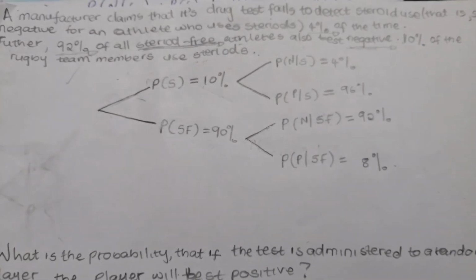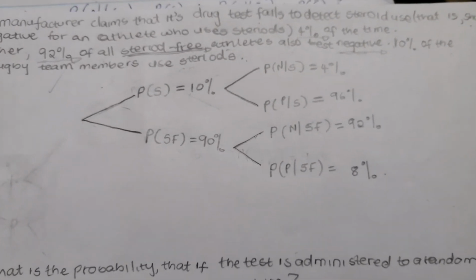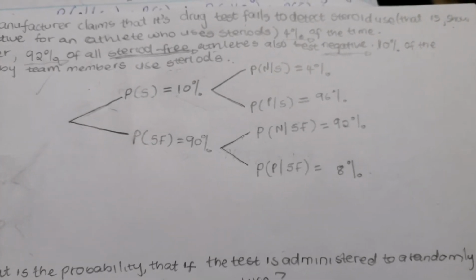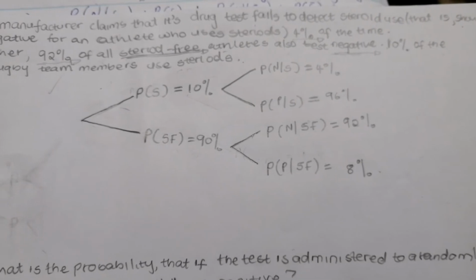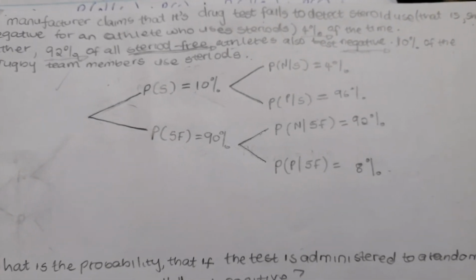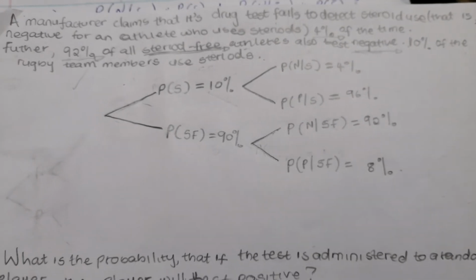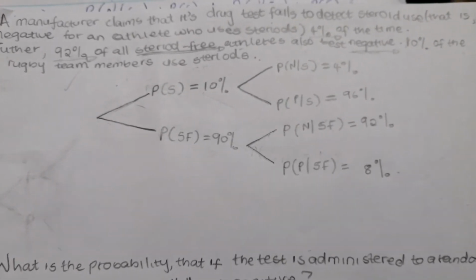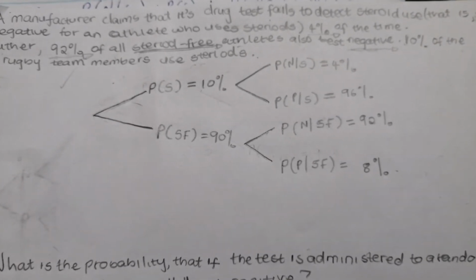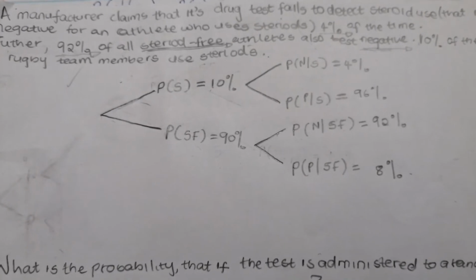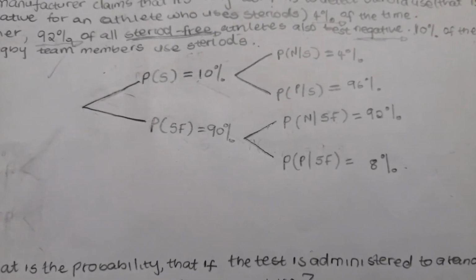Okay, so we have a question here. It says a manufacturer claims that its drug test fails to detect steroid use. That is, it shows negative for an athlete who uses steroids 4% of the time. Further, 92% of all steroid-free athletes also test negative. 10% of the rugby team members use steroids.